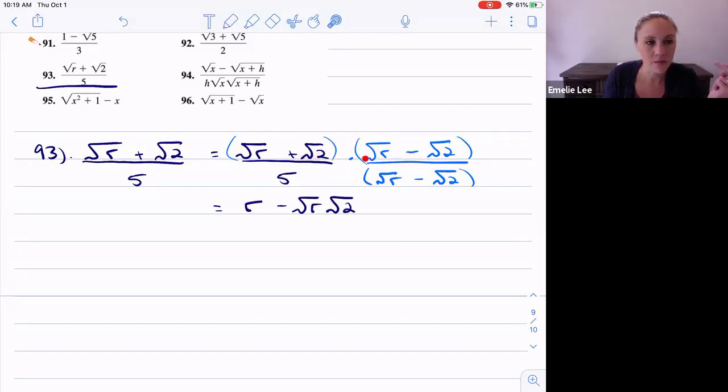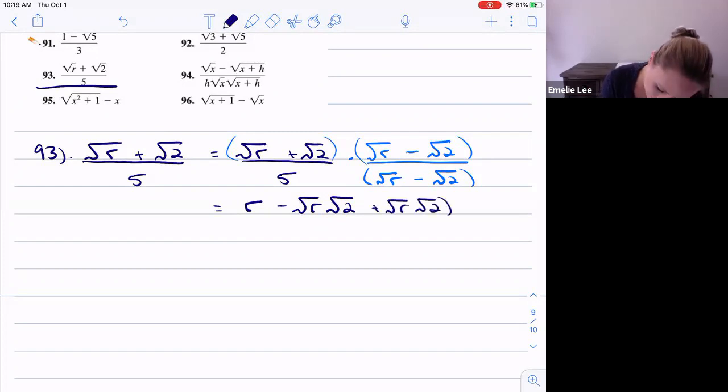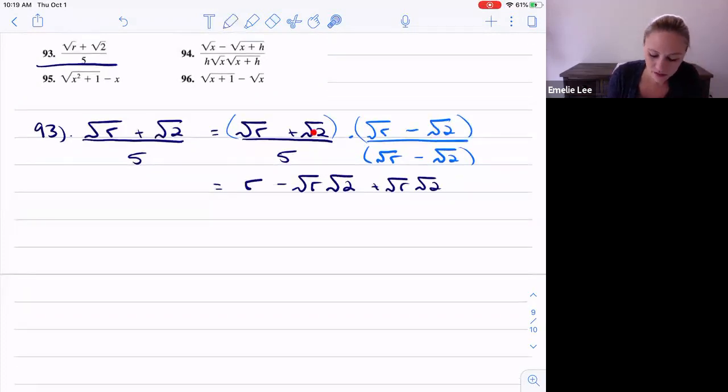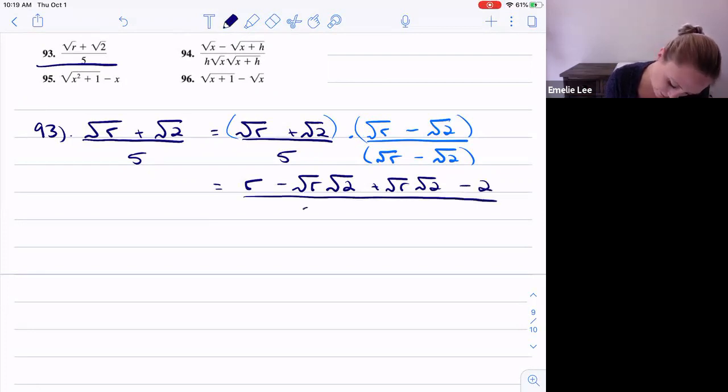Positive root 2 times root r, again, I'm going to rewrite it in the same order that I have here, just to make it easier to see that they cancel, but I also know that they will. So plus root r root 2. And then root 2 times negative root 2 puts me at negative 2. All over 5 times root r minus root 2.